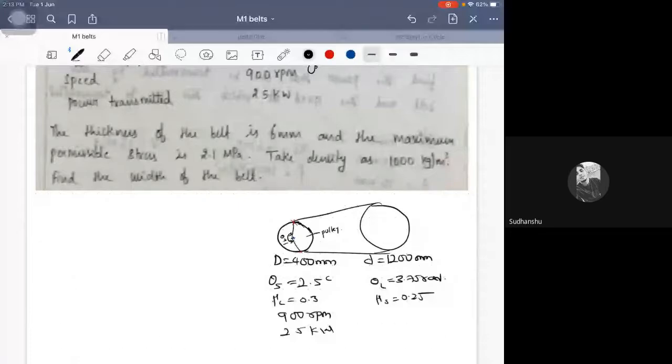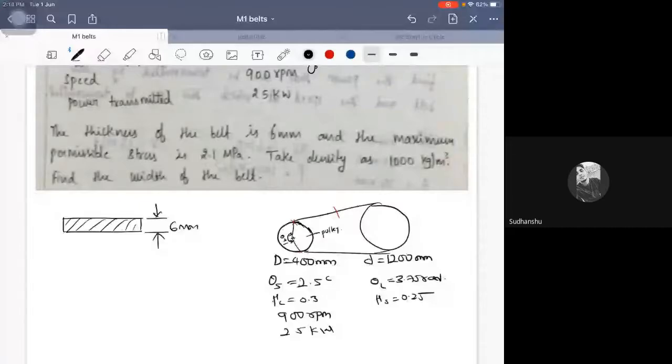Okay. Now, the thickness of the belt is given. If I cut this section here, whatever section I get is this particular section. Since this is a flat belt drive, the section would be rectangular in shape. So the thickness of this particular belt is how much? It has been mentioned as 6 mm.